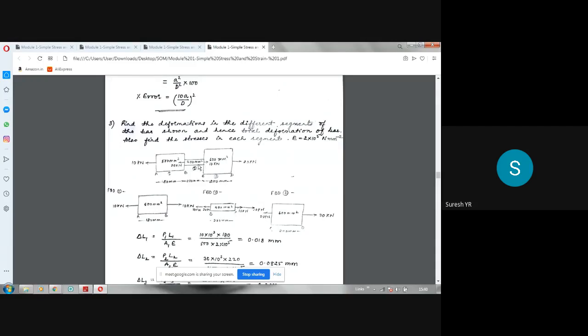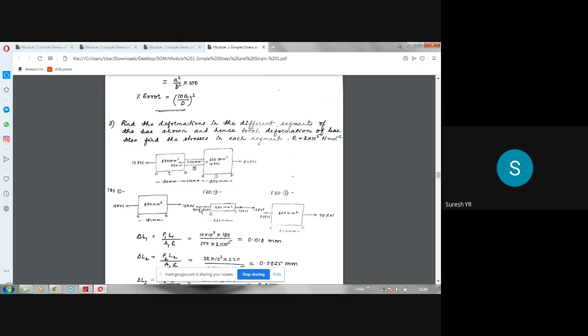Now write down the middle one. In the middle one, already he has given 20 kilonewton towards left, 10 kilonewton towards right. So those two you write down. Now at this junction, I have introduced a 10 kilonewton in this direction to keep this in equilibrium. So to balance this 10 kilonewton, I have to take another 10 kilonewton in the opposite direction at the junction.